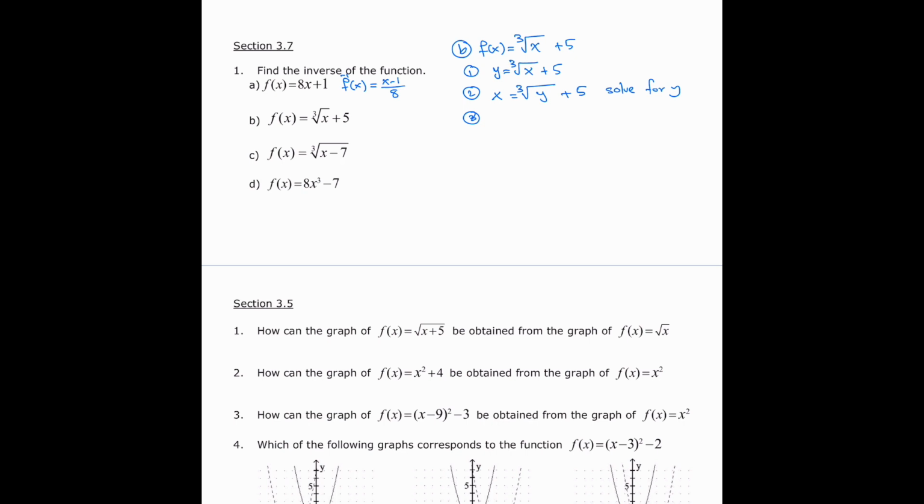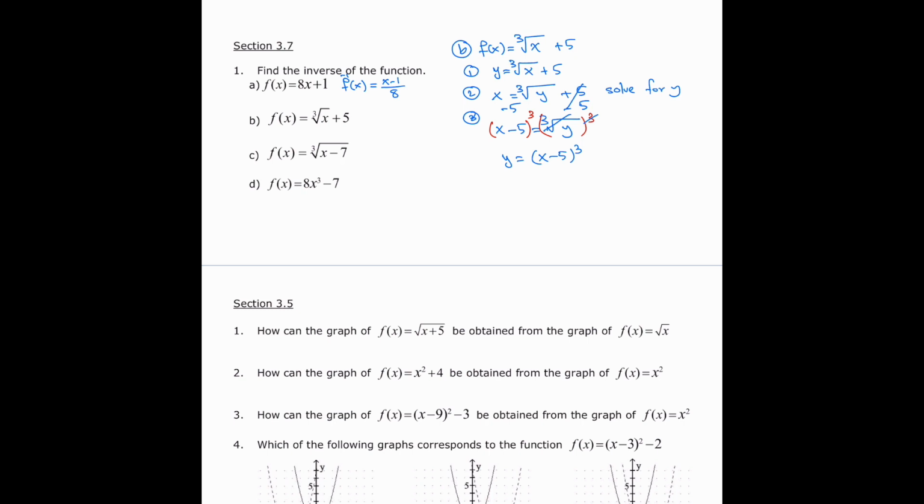So when we solve for y, first we need to subtract 5 from both sides of the equation. We get x minus 5 equals the cube root of y. To remove the cube root, I will cube both sides. So now these will cancel. I will have y equals (x minus 5) cubed.